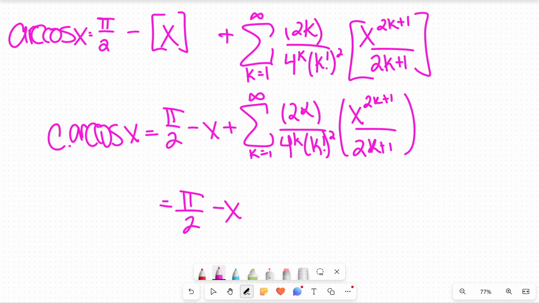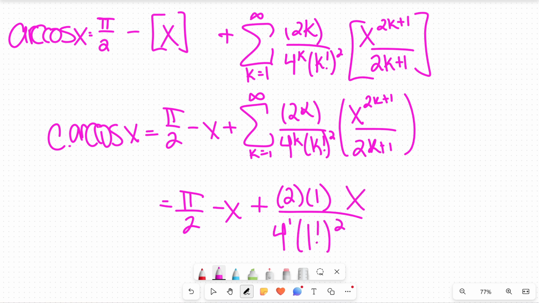To get my third term, I'm just going to substitute in 1 for k. So I have 2 times 1, 4 to the 1 power, 1 factorial squared, x to the 2 plus 1 power, and then I also have 2 plus 1.